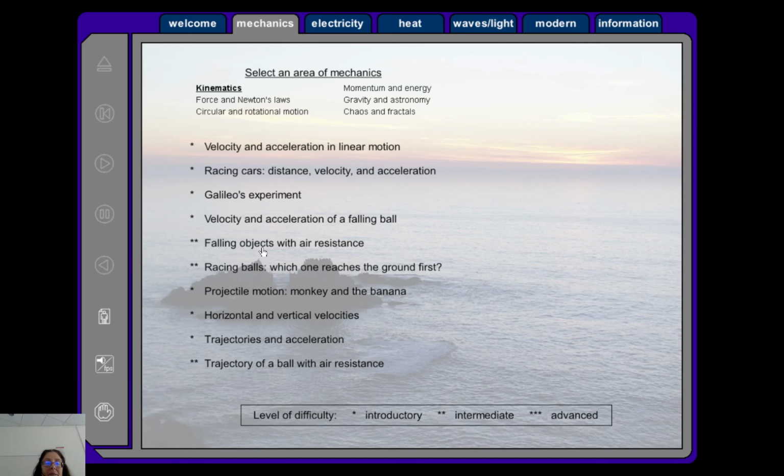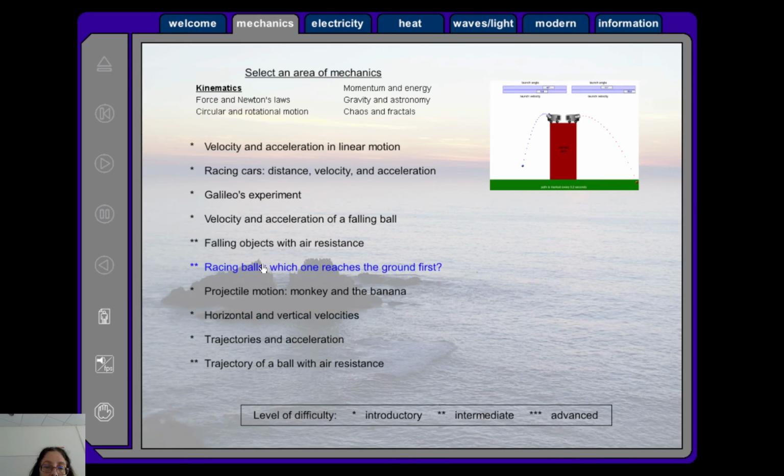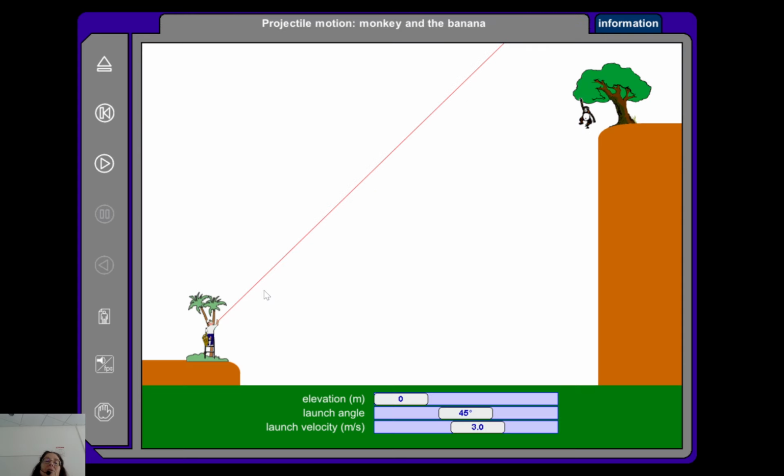So let's do the monkey. Where is the monkey? Do you see it? Project monkey. Okay, so now we don't want to offend anyone anymore. So it's not like killing the monkey, it's feeding the monkey. So let's say I'm going to aim below the monkey.